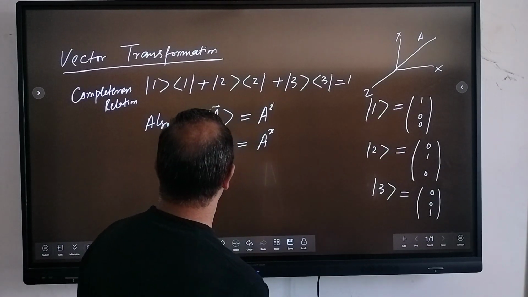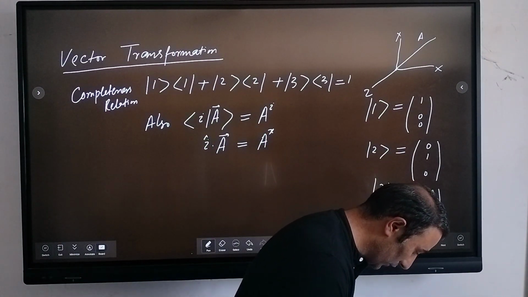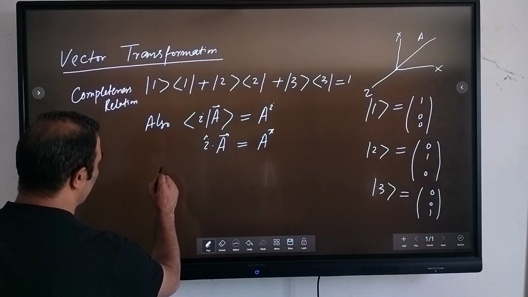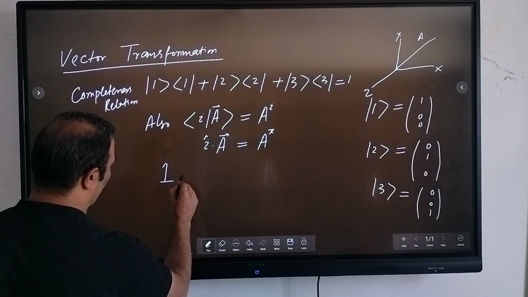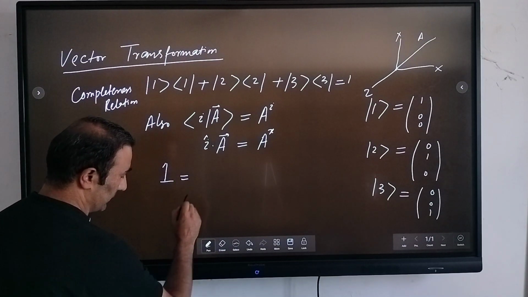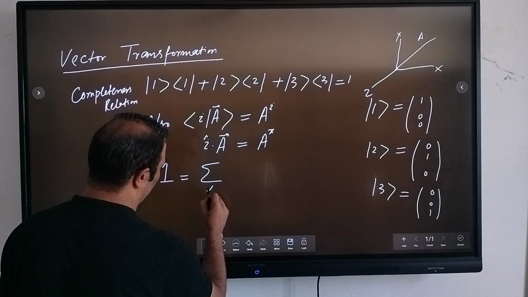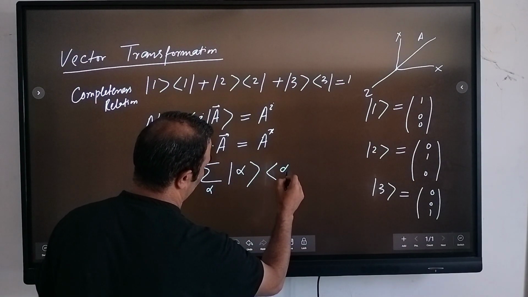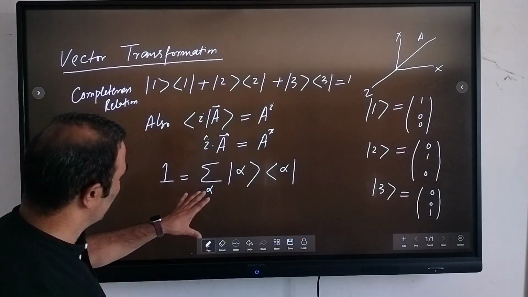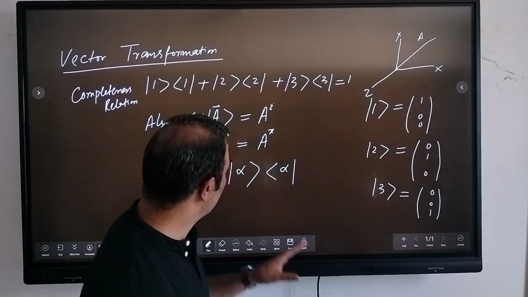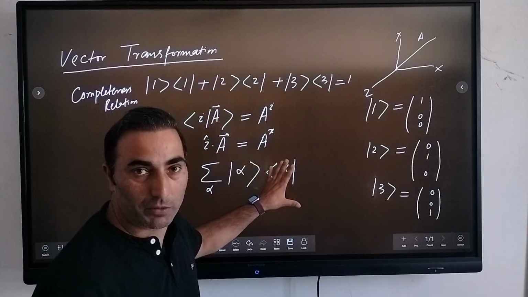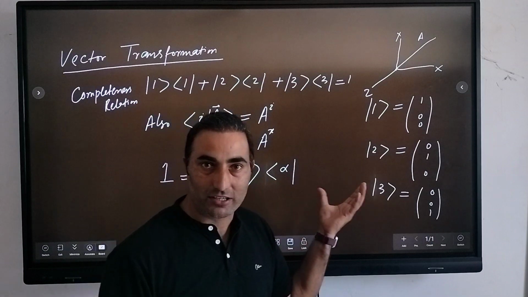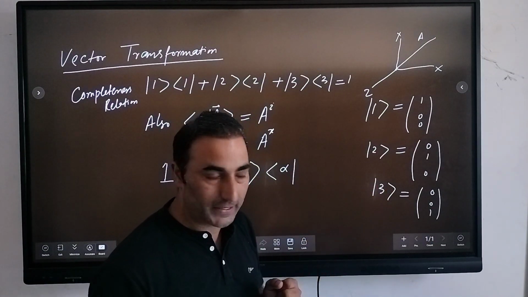With the help of this relation, I can also prove the reverse. Instead of that, if we have the identity matrix, we can write that 1 will be equal to the summation over alpha of alpha with alpha. This is very clear because if you take alpha equal to 1, 2, 3, this is again the completeness relation. Because this is equal to 1, it is the identity matrix, the unit matrix, right?